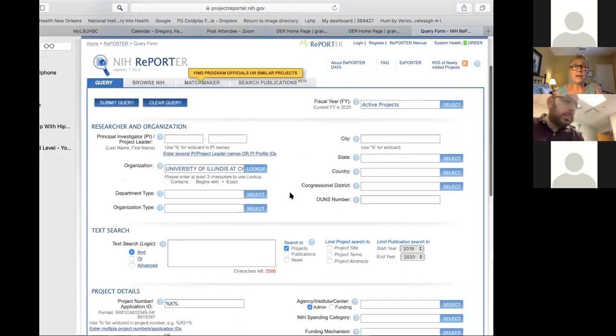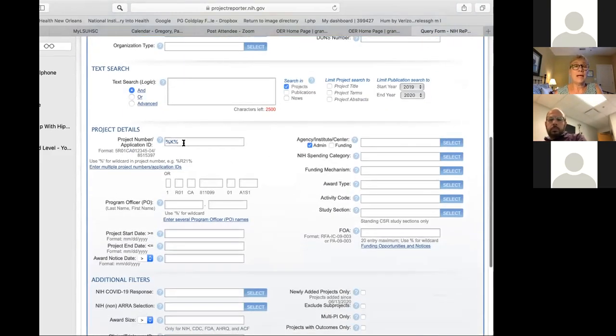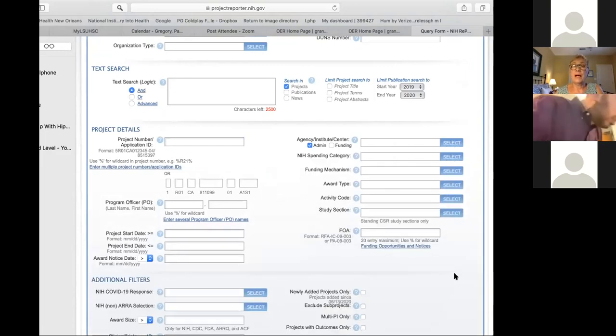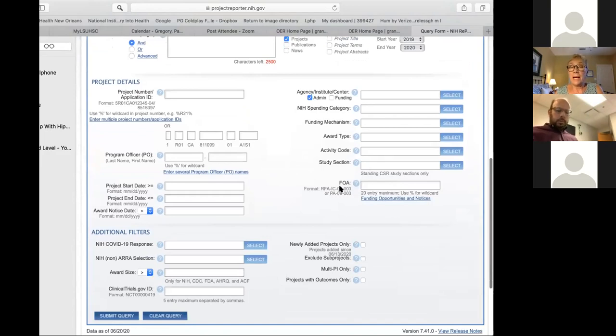So back to the query form. Again, you can pick by organization. You can pick by the type of grant. You can pick by a specific institute. These are all pull downs. You can pick by the program announcement. So let's say there was an RFA or a program announcement that came out and you're like, who got funded for that? I don't know.